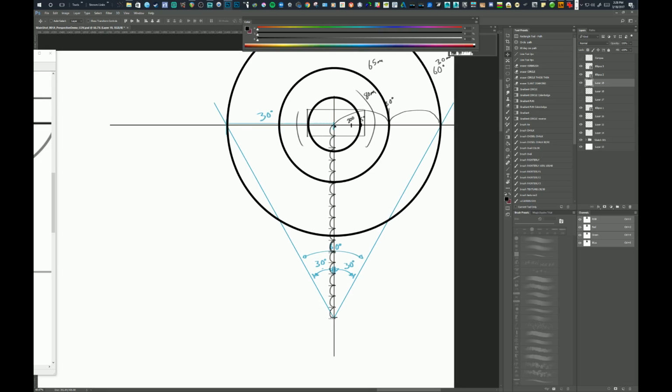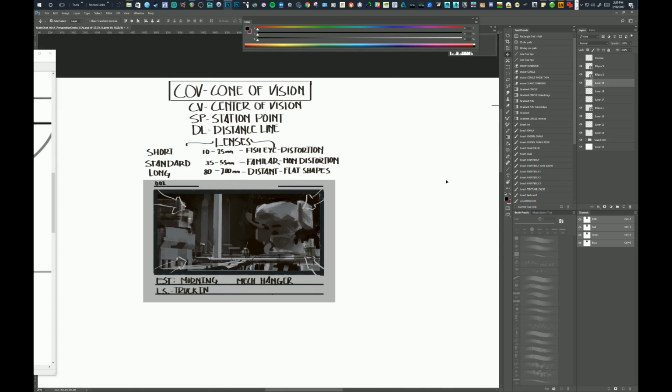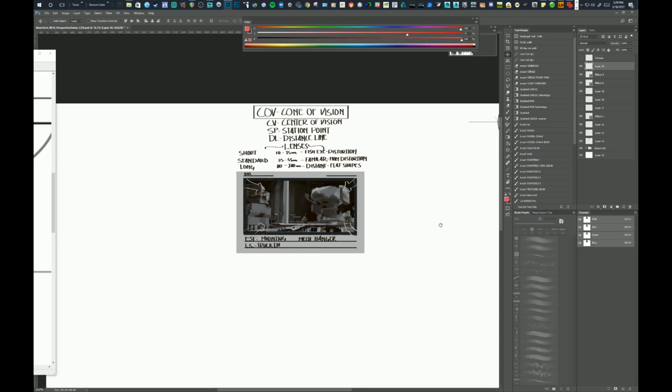I need to calculate 17 of those distances from my center of vision to the bottom of my canvas, and then create a station point over here. Okay, so let's go ahead and do that. So my canvas, let's go ahead and find my horizon line.